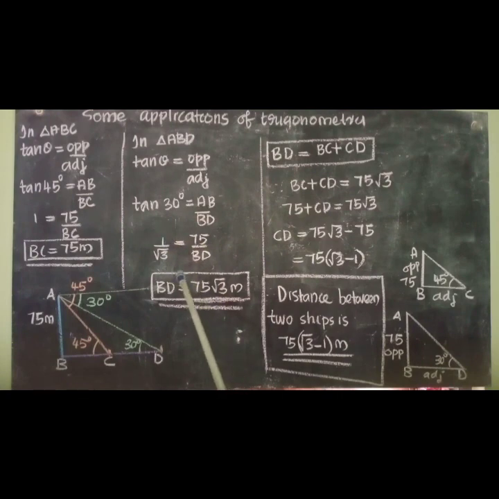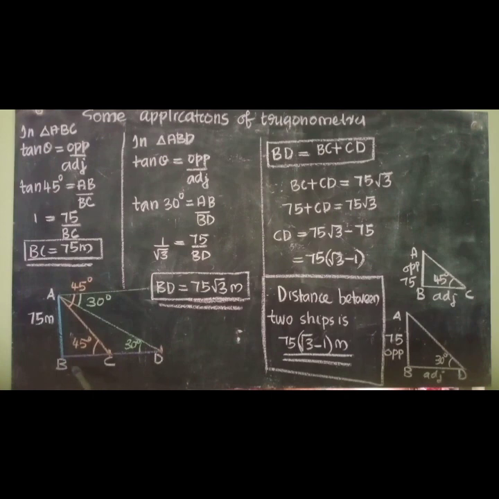So we get 1 by root 3 equal to 75 by BD. Cross multiplying, we get BD equal to 75 root 3 meter. So here we got BC equal to 75 meter. Here we got BD equal to 75 root 3 meter. Now you see the figure. This BD is the bigger length.